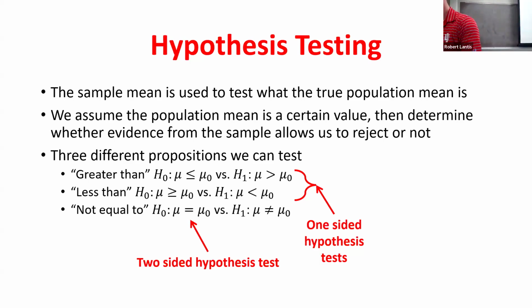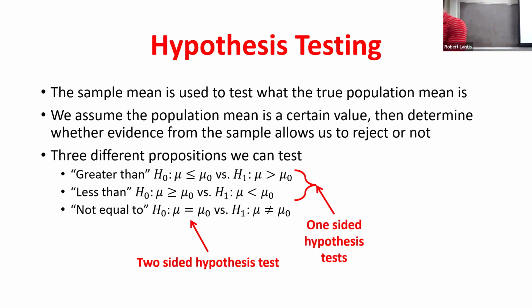So if I had a right-tailed test, what I'm saying is I've got some variable and I am assuming that it's normally distributed around whatever that assumed true mean is, okay?